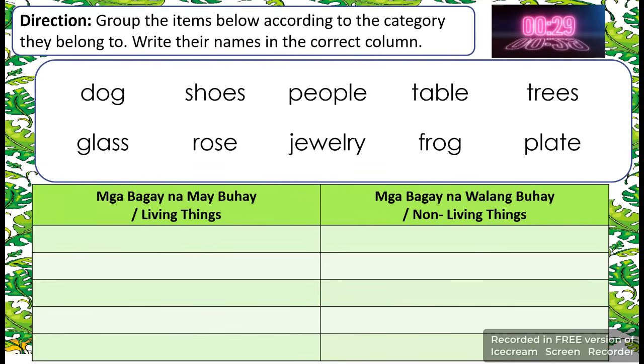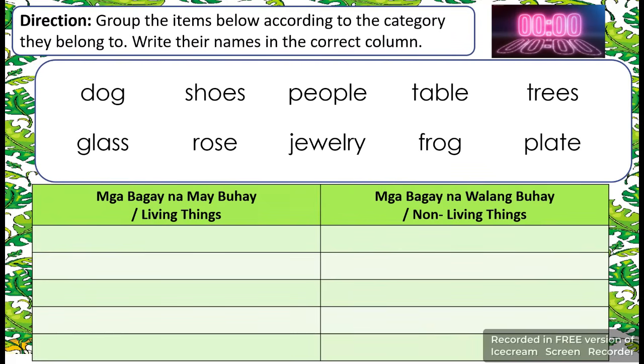T-minus 30 seconds. T-minus 20 seconds. Ten, 9, 8, 7, 6, 5, 4, 3, 2, 1, 0.